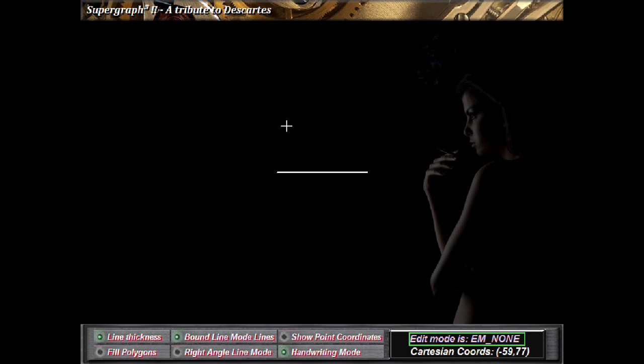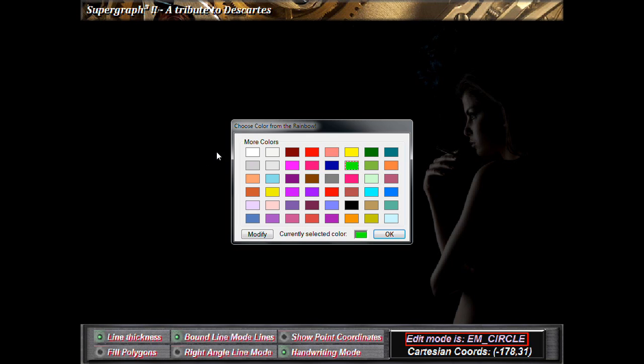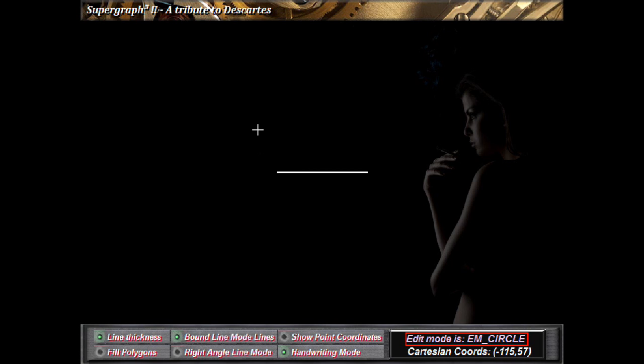So the idea is this. It's quite clever, this one. I'm gonna use my new compass tool. The compass tool works this way. Choose a color. Everything on my tool has a color.